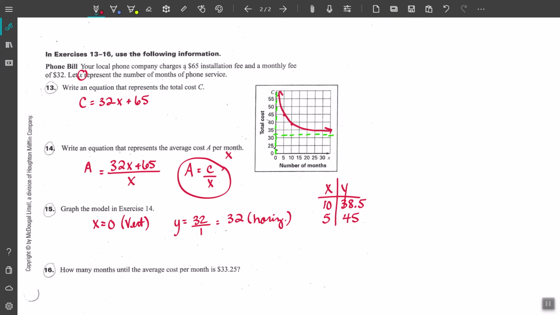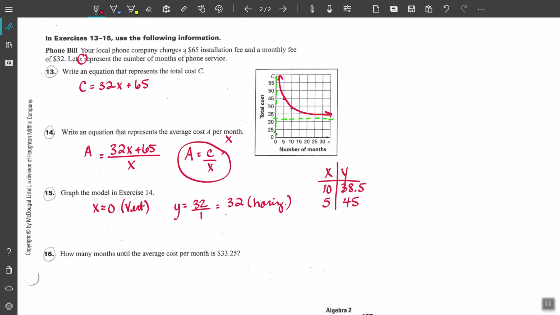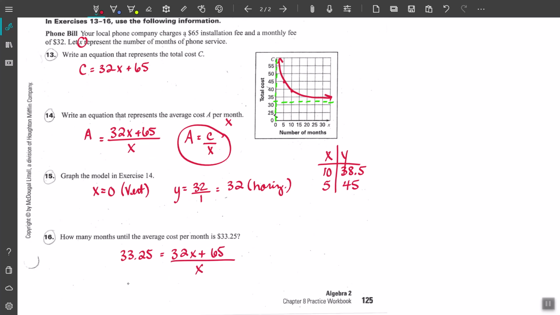All right, and then the last thing they ask us is how many months until the average cost per month is $33.25. What we can do there is take our function in number 14 and evaluate it at 33.25. We'll solve for x.